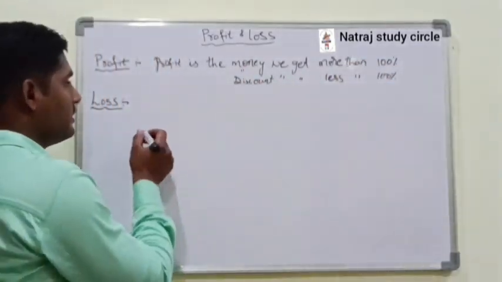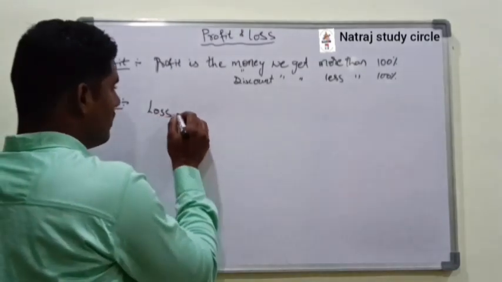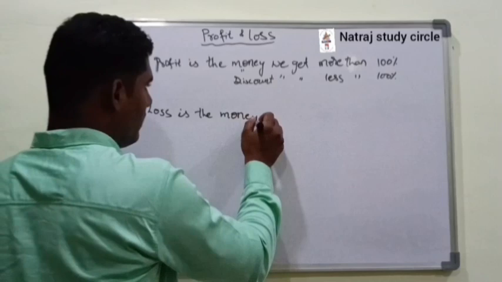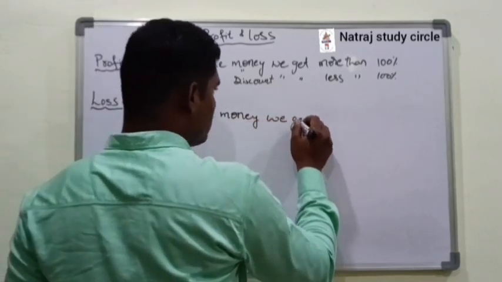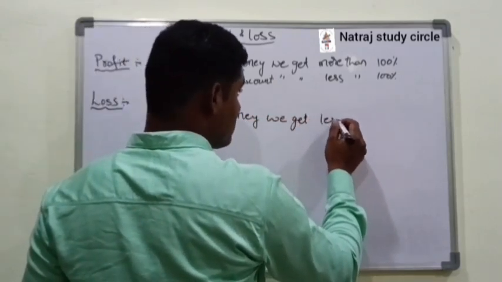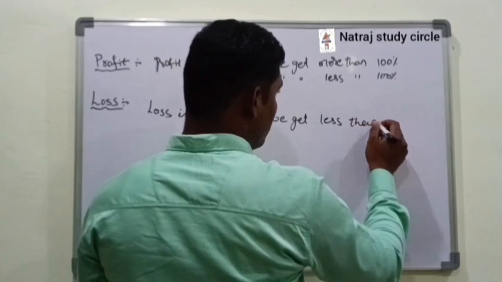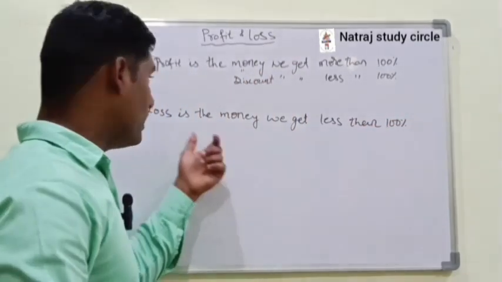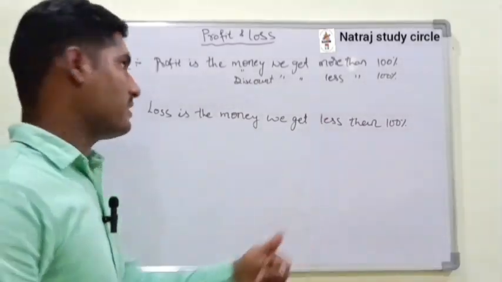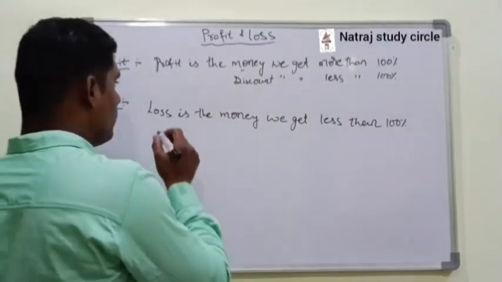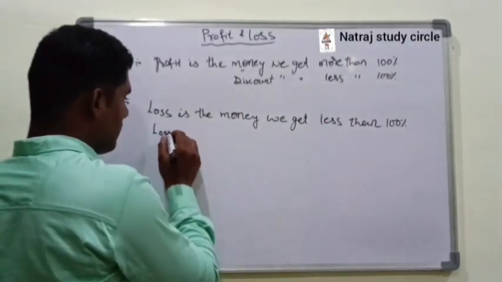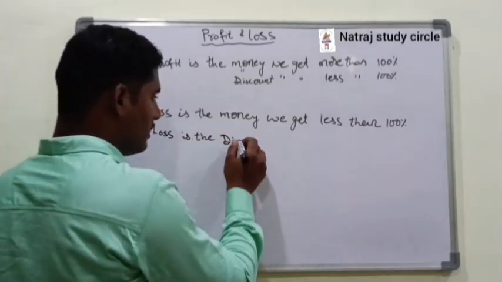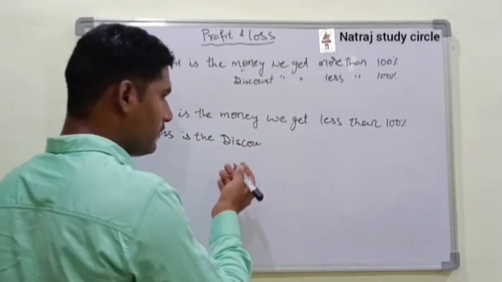So what is the loss here? Loss is the money we get less than 100%. And what about the discounts? In loss, we don't get a discount.